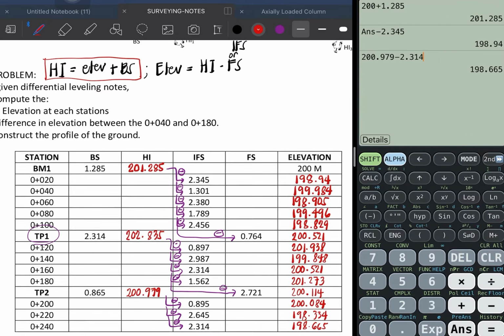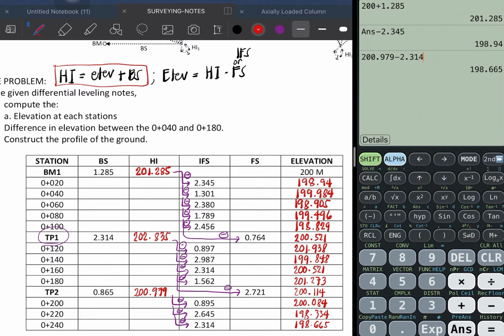So that's the elevation of all the stations, and then you have the difference for elevation 40 and elevation 180. Elevation 180 is 201.273 minus elevation 40, that is 199.984.